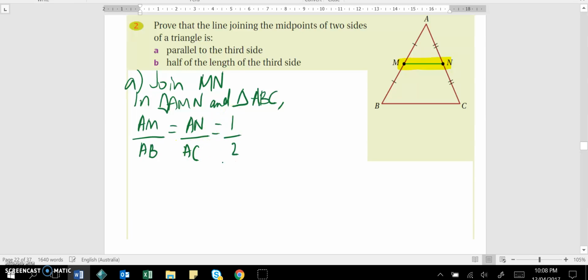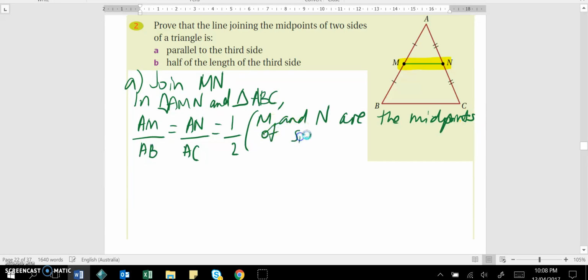It's half the length, okay? And the reason I can say that is that M and N are the midpoints of sides AB and AC. Okay, and that means they cut them in half.